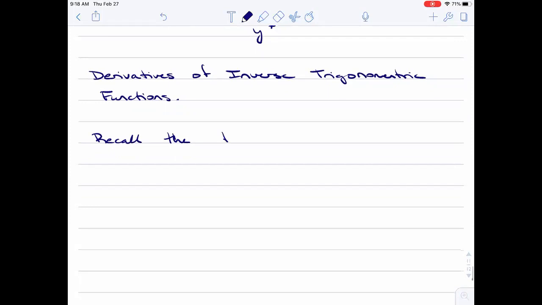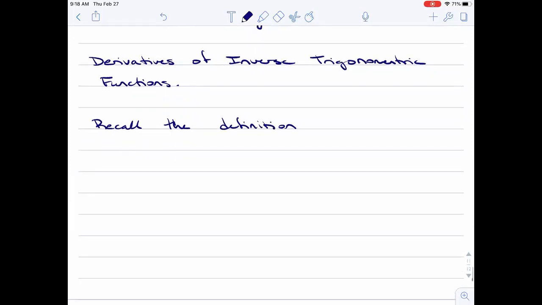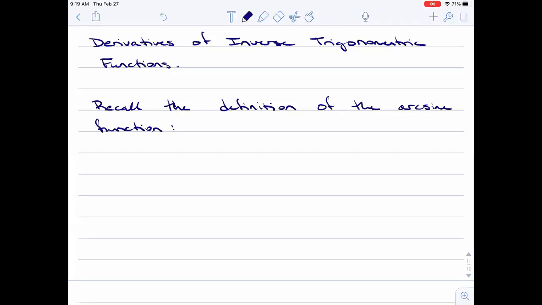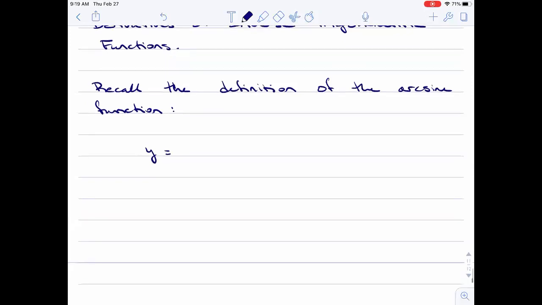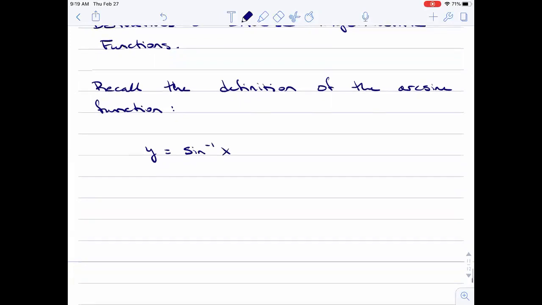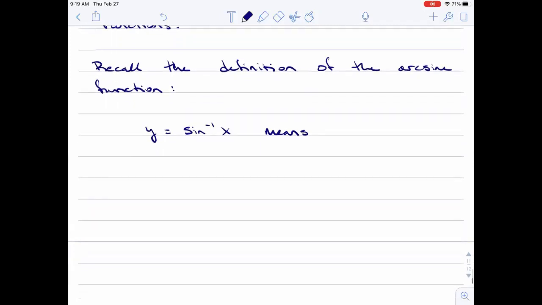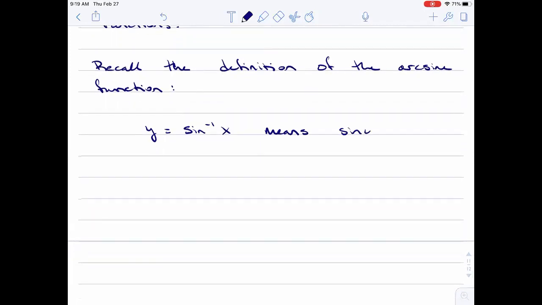Recall the definition of the arcsine function. It was y equals sine to the negative 1 of x, which means that sine y equals x.